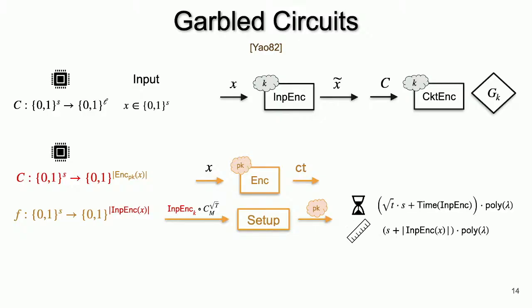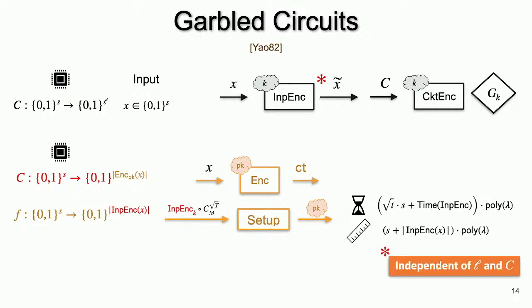And here, if this input encoding depends on the LFE, then you have a circularity. Because the LFE is defined with respect to input encode, and if the input encode depends on the LFE encryption algorithm, both of them depend on each other.